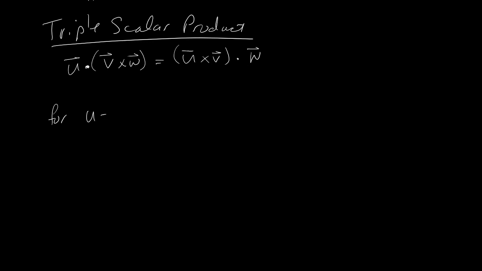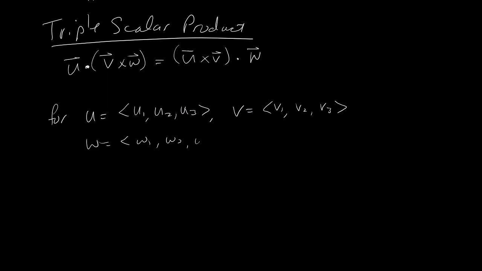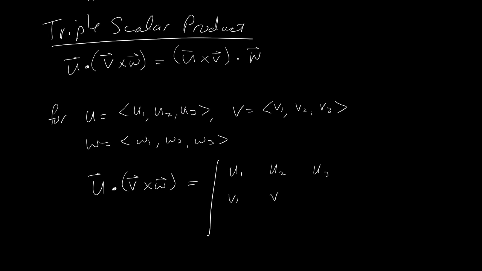For u equal to u1, u2, u3, v equal to v1, v2, v3, and w equal to w1, w2, w3, the triple scalar product is equal to the following: u dot v cross w is equal to the determinant of u1, u2, u3, v1, v2, v3, and w1, w2, w3.